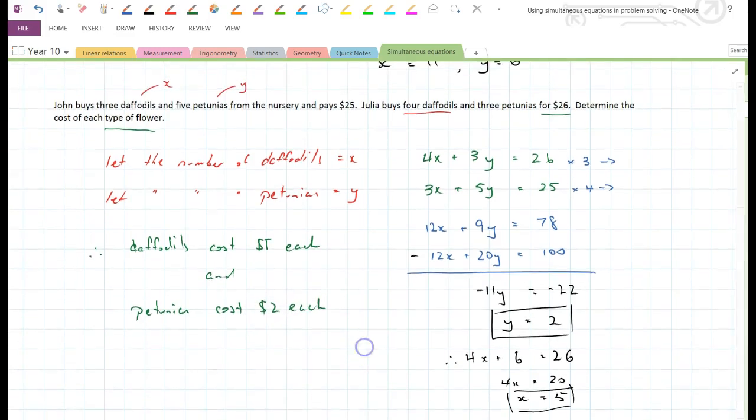Let's see if that makes sense. 3 daffodils, 15, 5 petunias, 10, 25, perfect. 4 daffodils, 20, plus 3 petunias, 6, 26. It works out. So there we are, we've solved the problem.